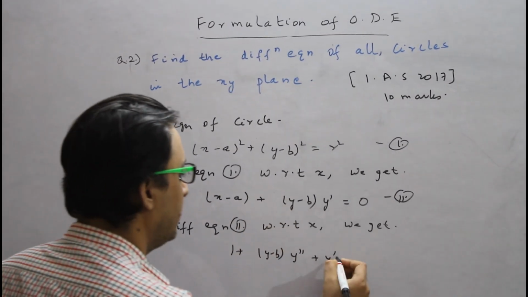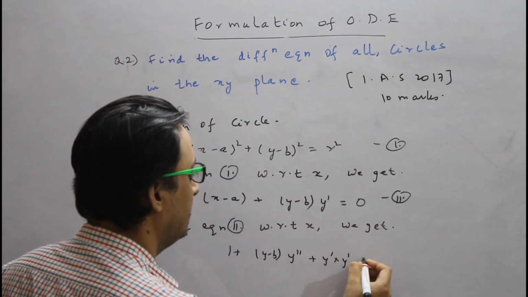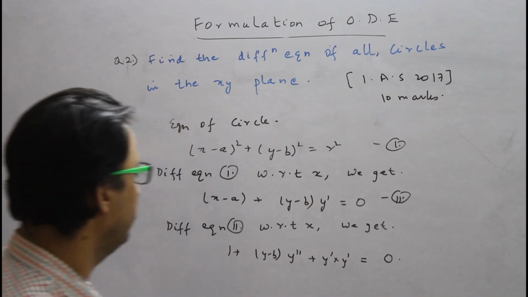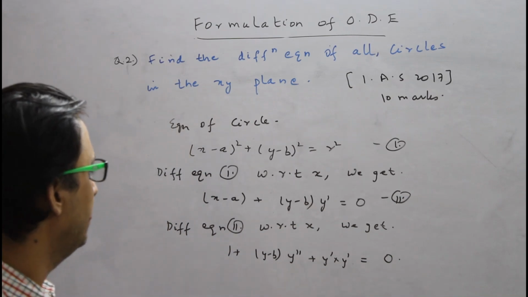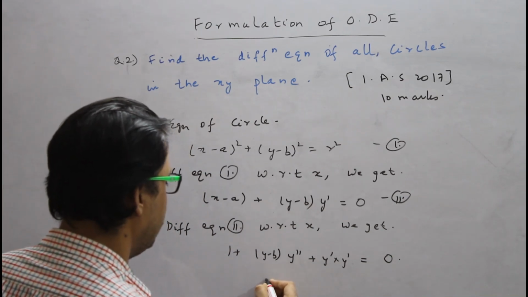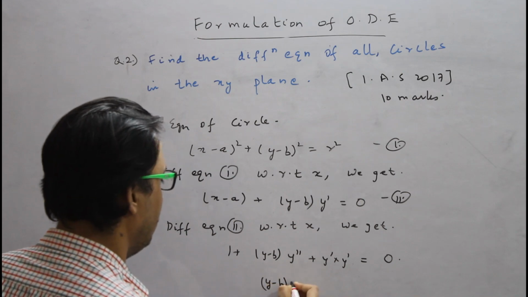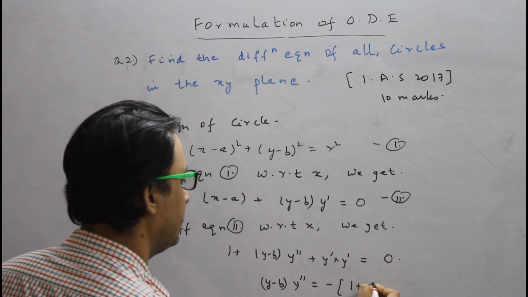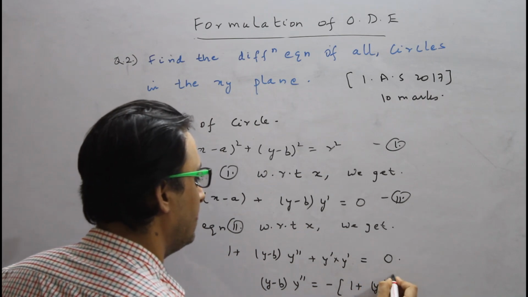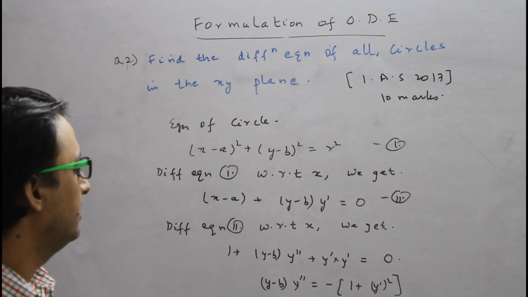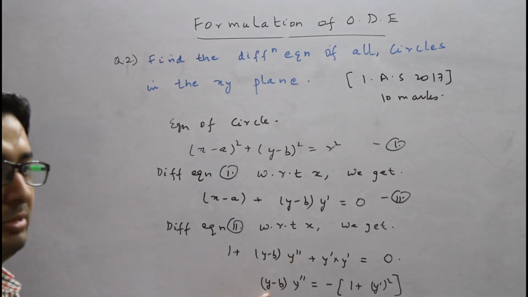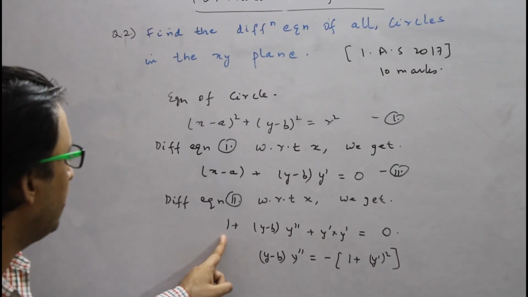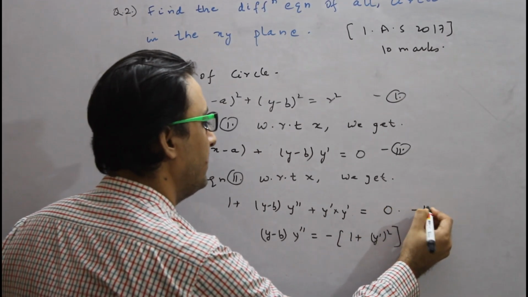So this is again y dash is equal to 0. So what we get here is y minus b, y double dash is equal to minus of 1 plus y dash whole square. Why have we done so? Because we will be using it later onwards. Now I will call this equation 3.